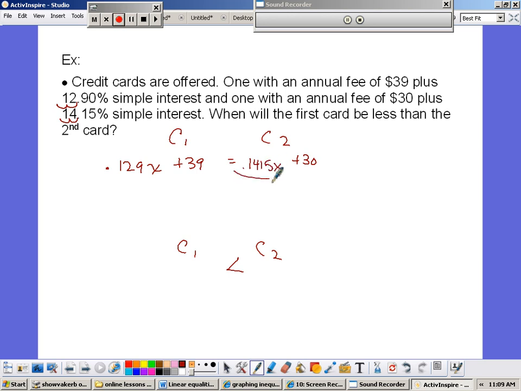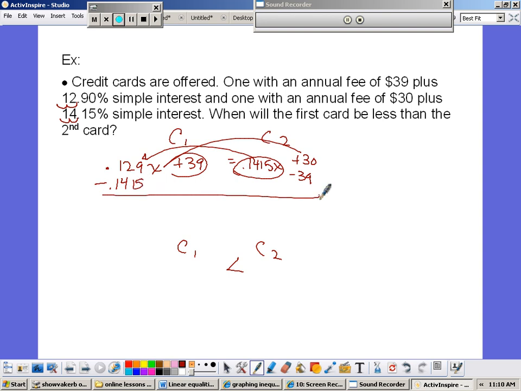And I'll bring this over, and I'll bring this over. 0.1415 minus 0.129 is negative 0.0125x equals negative 9. Divide by negative 0.0125. And x is 720 months.